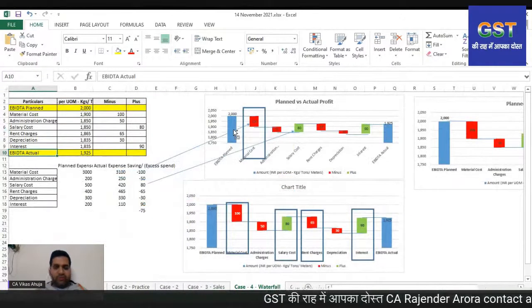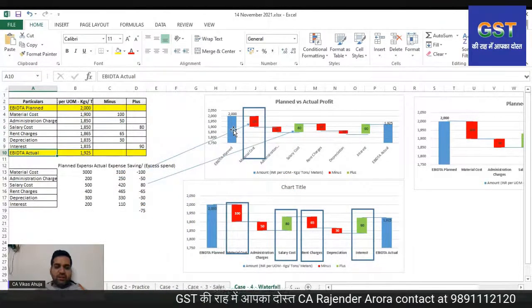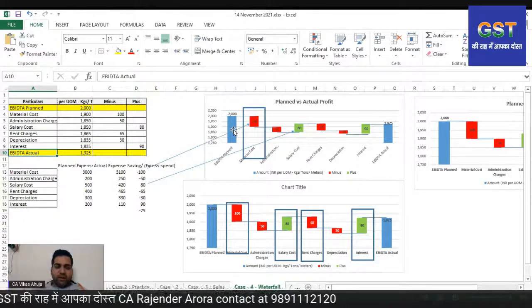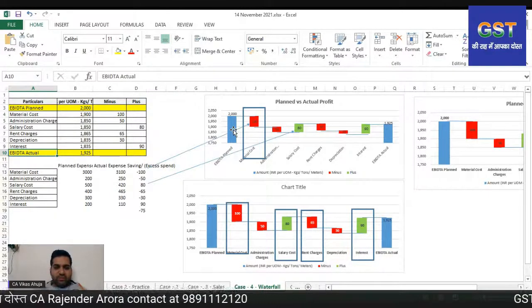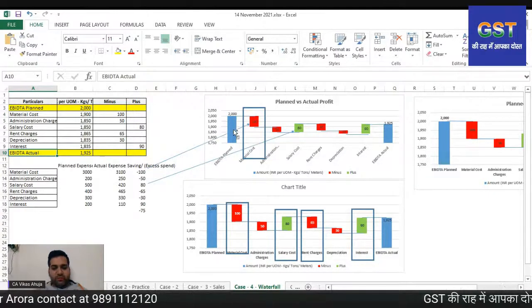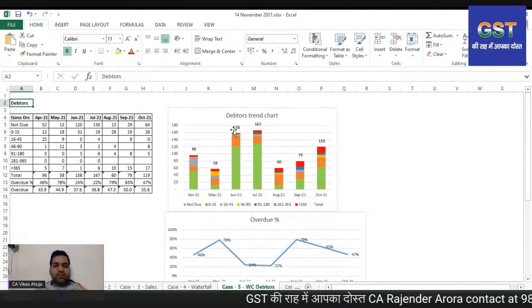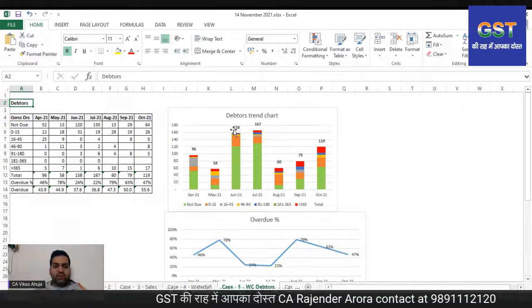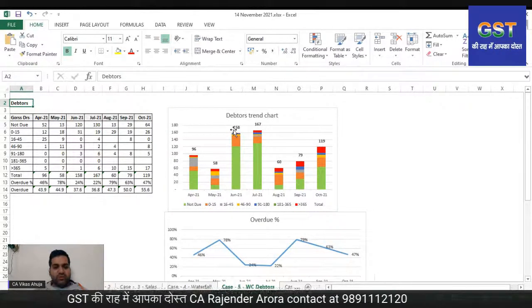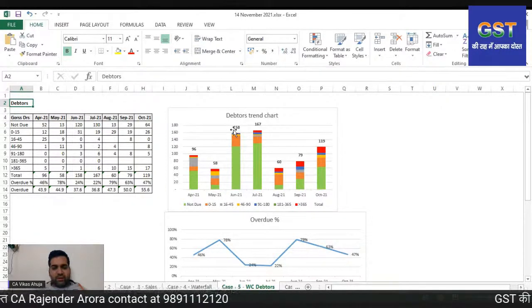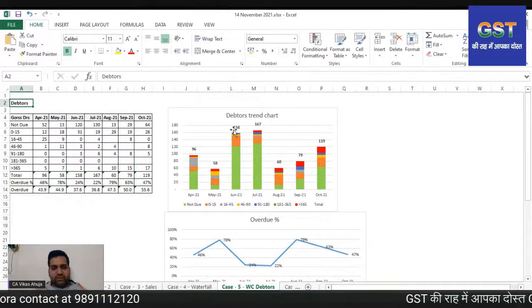Then we checked the profitability analysis, the bridge between the original plan and the actual profitability, through this waterfall diagram. And in the last session, we touched upon the debtors piece, how aging of debtors can be shown in a graphical as well as in a trend line fashion.